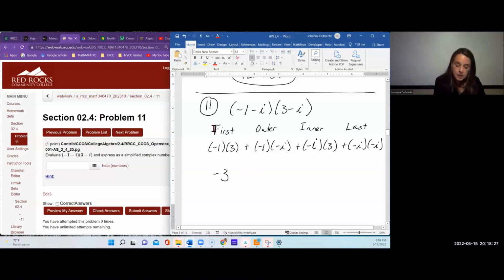That gives us plus I. Then the inner is the second term in the first parentheses multiplied by the first term in the second parentheses. And that will give us a -3I. The last term is the last term in each set of parentheses multiplied together. -I times -I is a positive I squared.